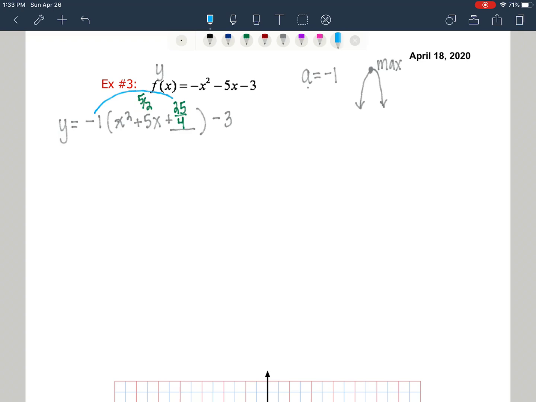This 25/4 is subject to being multiplied by -1 because of the distributive property. Therefore, what we really did was we applied a -25/4 when we completed the square. So we have to undo that by adding 25/4.